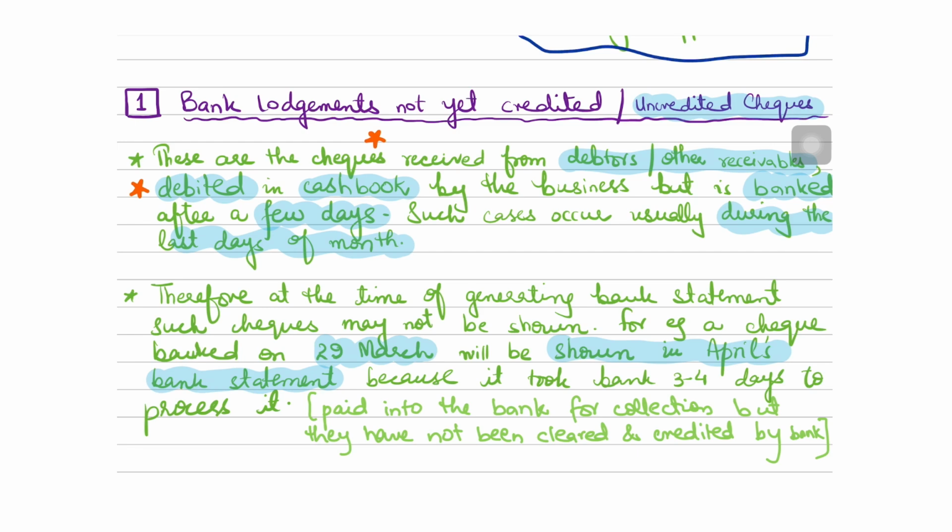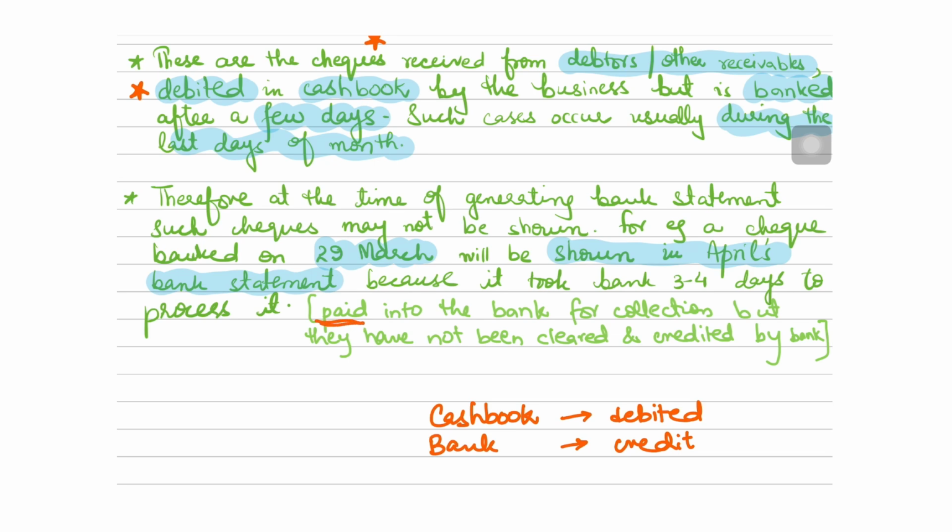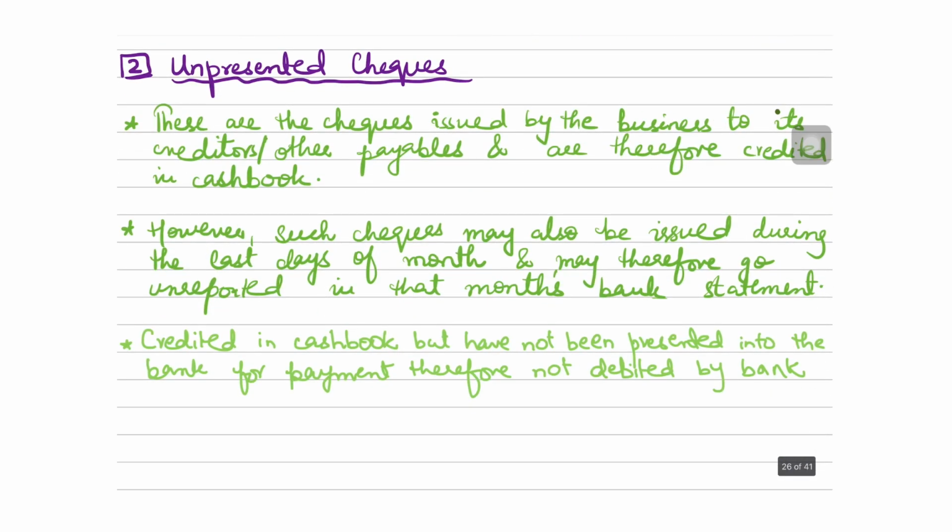When I am comparing my cash book with the bank statement, I will see some uncredited checks on the debit side of the cash book, but they might not be appearing in my bank statement on its credit side. That is why the name is bank lodgements not yet credited. So mainly due to timing differences, such transactions are not shown in the bank statement. Although the business has deposited their check into the bank for collection, it hasn't been cleared or credited by the bank yet. So this is uncredited checks.